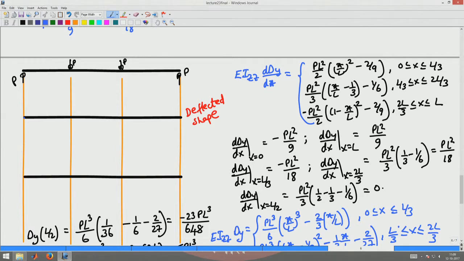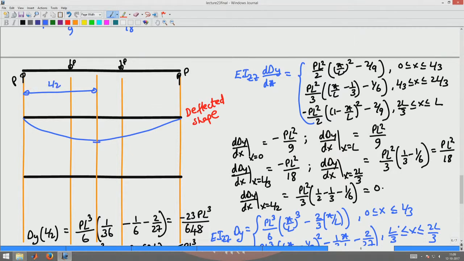So, the deflected shape that we get would be of this form, wherein the maximum deflection will occur at L by 2, if this distance is L by 2.